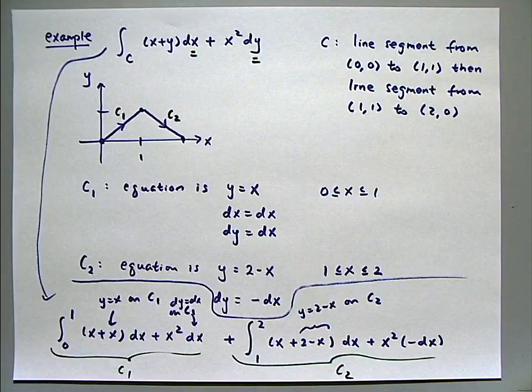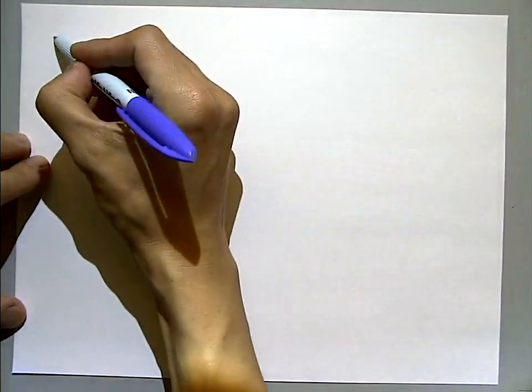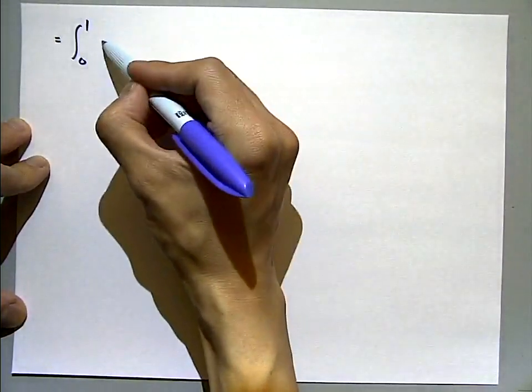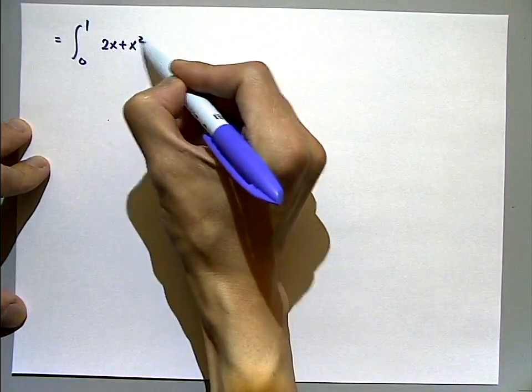So far, so good? Any questions so far? Basically, once you get to this point, what follows is relatively easy. Okay, let's finish that up and see what we get. The first half can be written as the integral of (2x + x squared) dx.